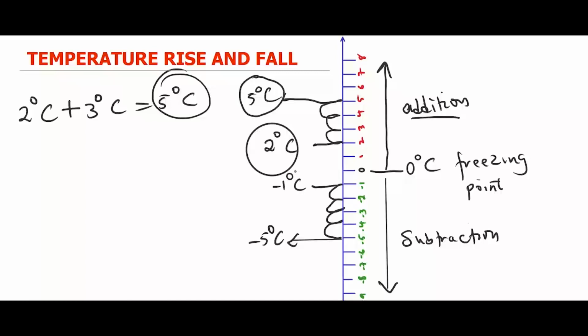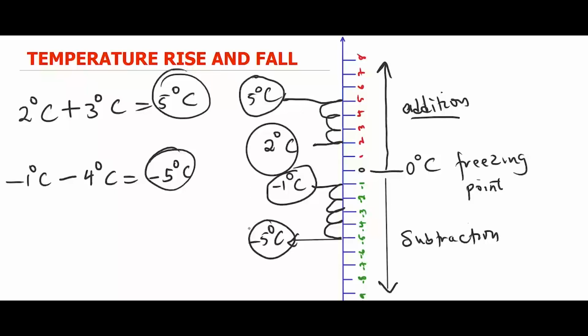When the temperature of a substance was at -1 degree Celsius, it fell by 4 degrees. That means you subtract 4 degrees Celsius, and this will give you -5 degrees Celsius, just like what you have here. So you can make use of your number line to get the temperature fall or rise, and you can also use addition and subtraction to get it quickly.